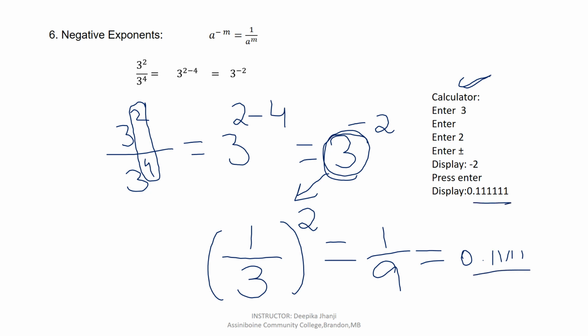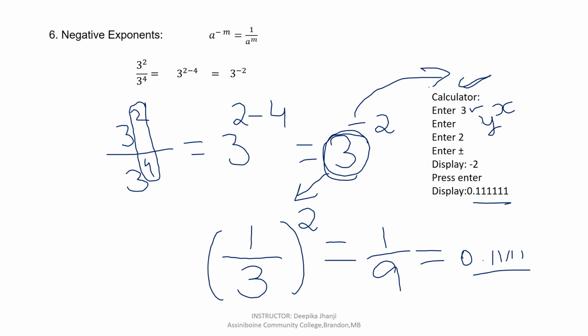Okay, using calculator. So you'll start from this step. You'll enter 3, that is your base, and then enter y raised to power x. You'll use this feature y raised to power x. And then enter 2.